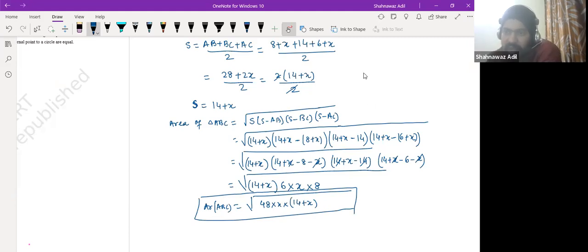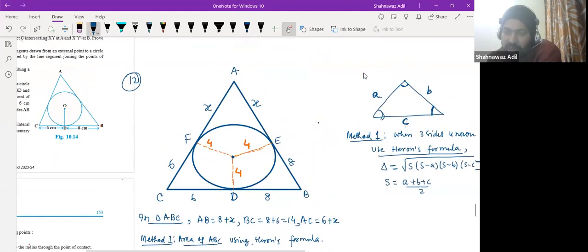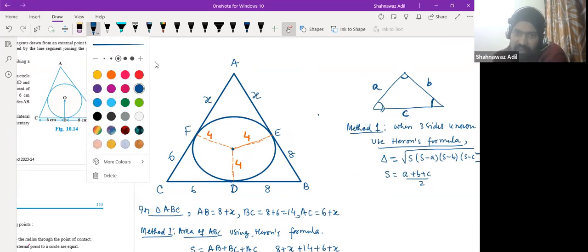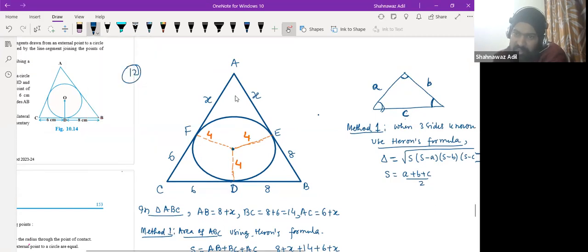Yes. Now we will use another method. What we will do is that we will divide this triangle in three parts and then we will calculate the individual areas.